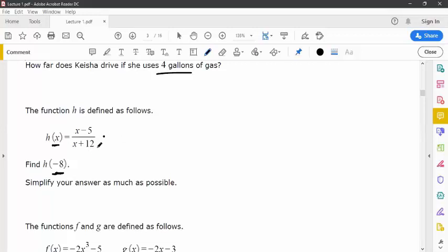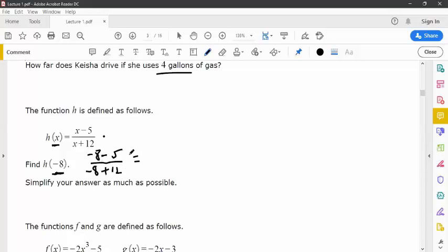So now when we are evaluating the function, instead of it being x minus 5, we're going to have negative 8 minus 5 in our numerator. And in our denominator, instead of x plus 12, remember the negative 8 replaces the x. So we'd have negative 8 plus 12.